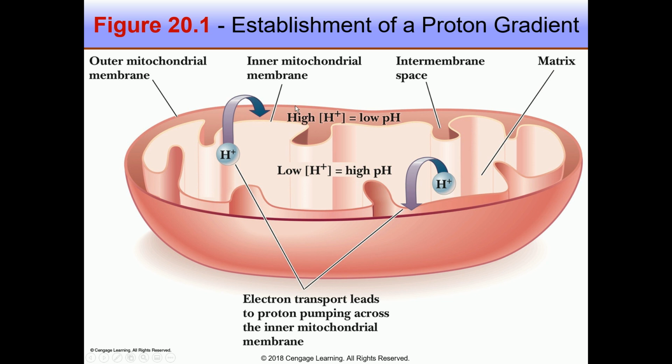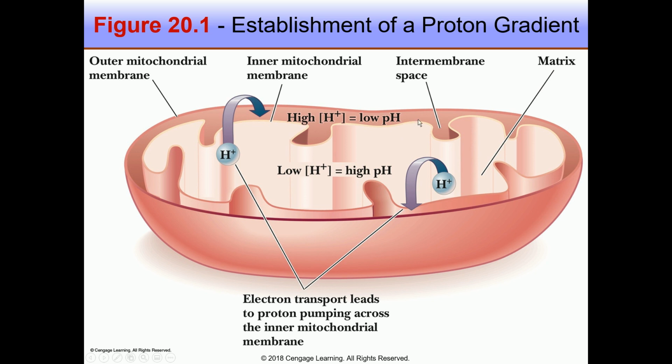And so the energy which is in the form of high energy electrons, coming from the food we have eaten, is used to make the proton gradient.